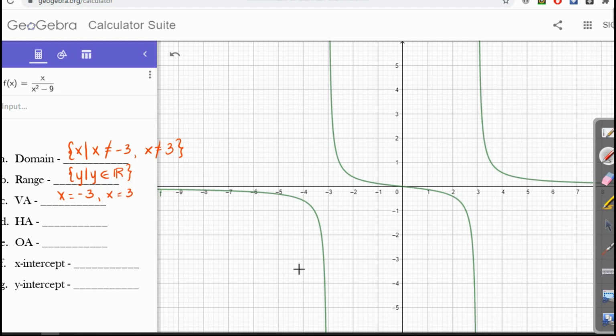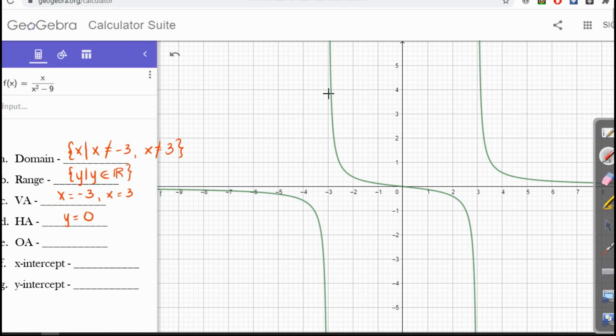Do we have it here? Yes, we have. If you're going to look at this graph, it is moving to the left continuously and will never cross the x-axis. Same is true with this. This portion of our graph will go to the right continuously but will never touch the x-axis. Therefore, the horizontal asymptote is located at y equals 0.